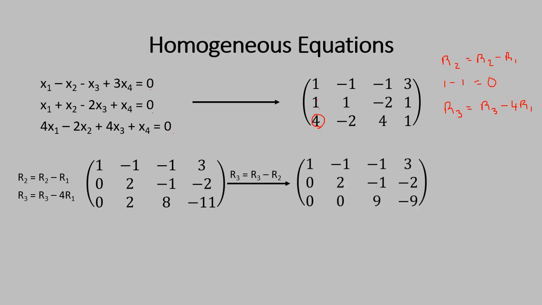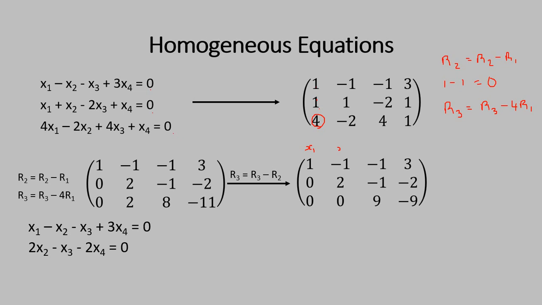Now we can derive our equations and then we can simplify after. So the first equation, x1 minus x2 minus x3 plus 3x4 is equal to 0. 2x2 minus x3 minus 2x4. So we're just using these values here and the corresponding x's.